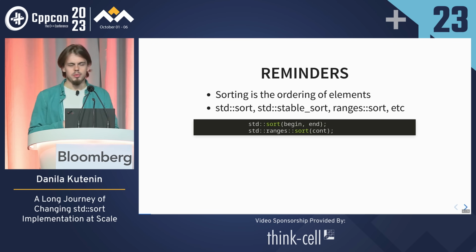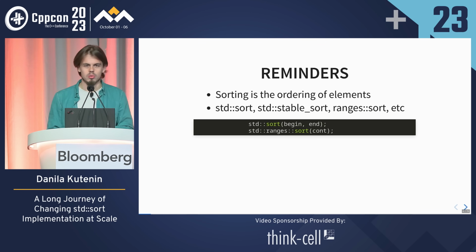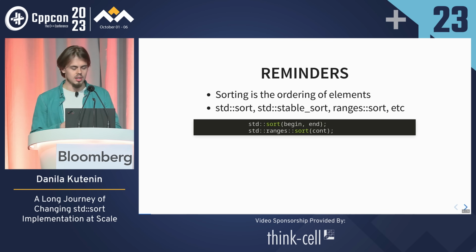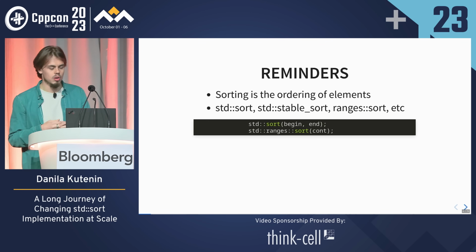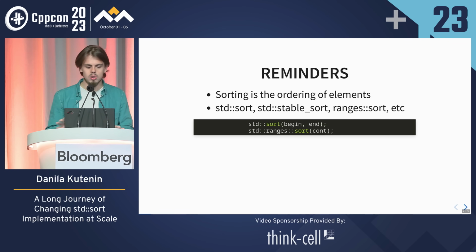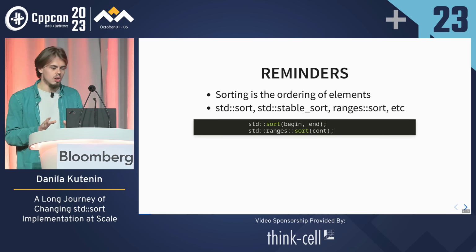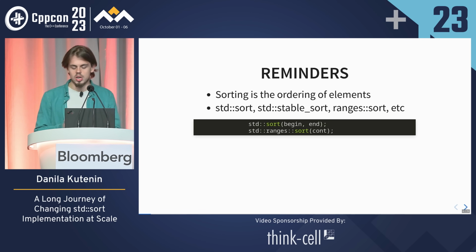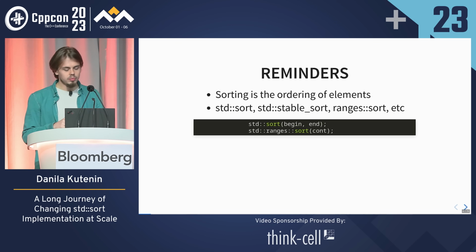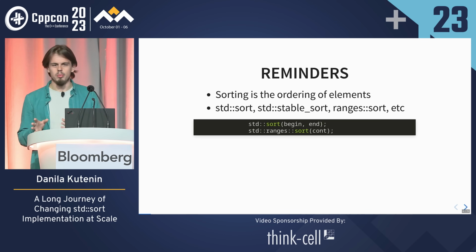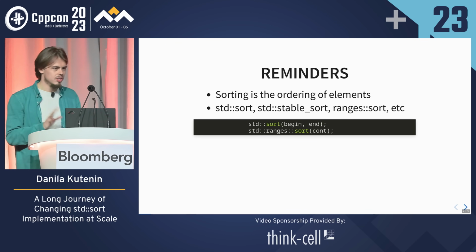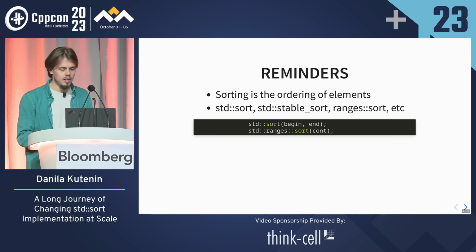All right, so a couple reminders. I believe if you wrote C++ for about a week, maybe a month, you wanted to sort some elements, and the sorting is pretty much just the ordering of elements. Today I'm going to talk about the calls std::sort, stable_sort, ranges::sort, and similar: partial_sort, nth_element, so all this stuff.